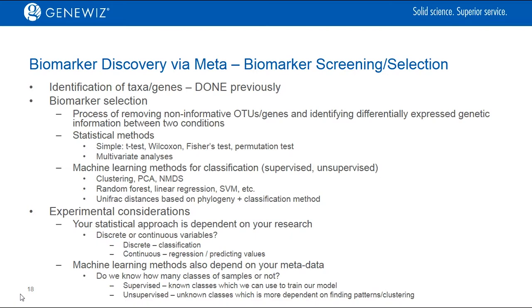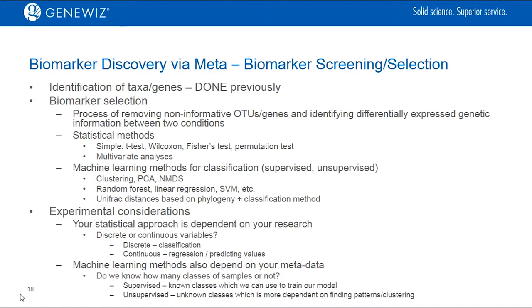So when we are trying to statistically or mathematically find the differences between our samples, we need to first look at what our data entails. Do we have discrete or continuous variables? If we have non-value labels associated to our data, we'll need to do classifications of our samples, whereas if we have continuous numerical values associated to our data, we can explore predicting values to select biomarkers.